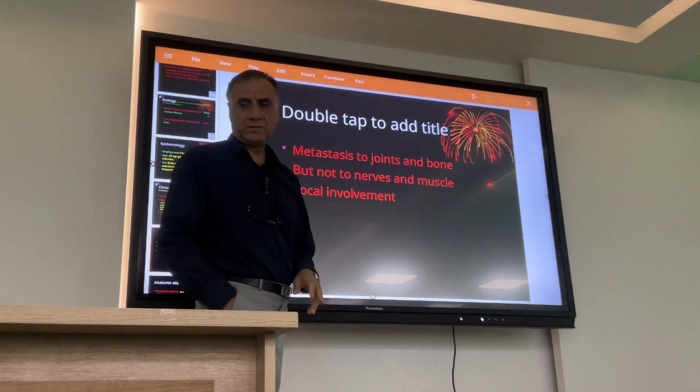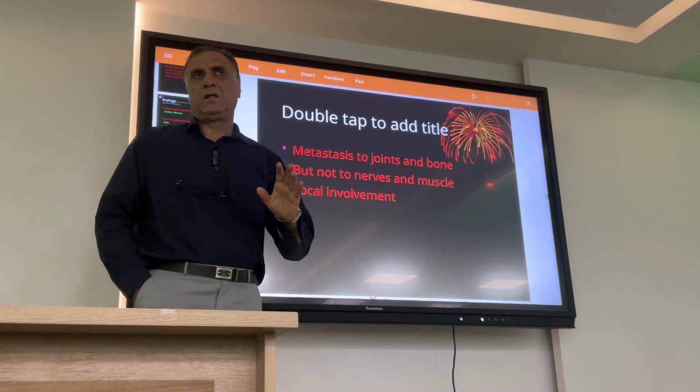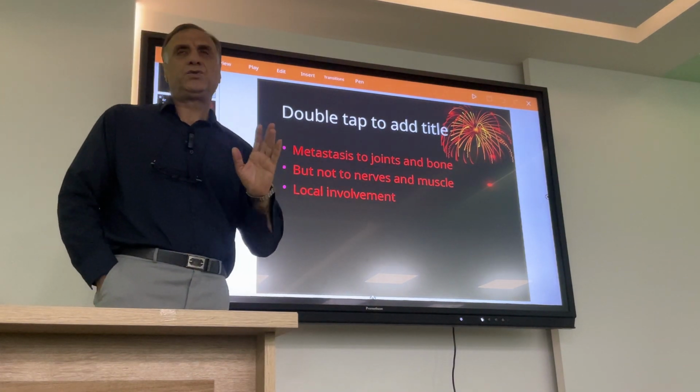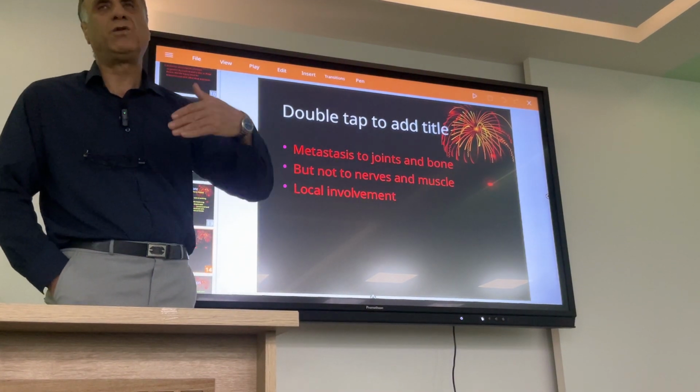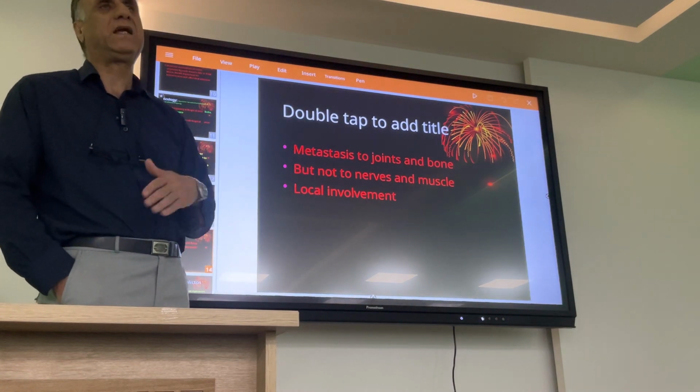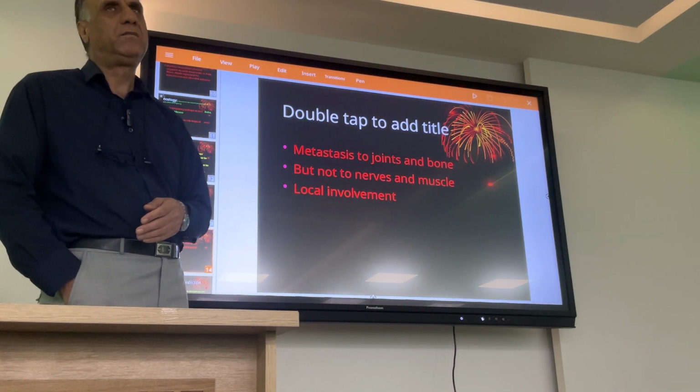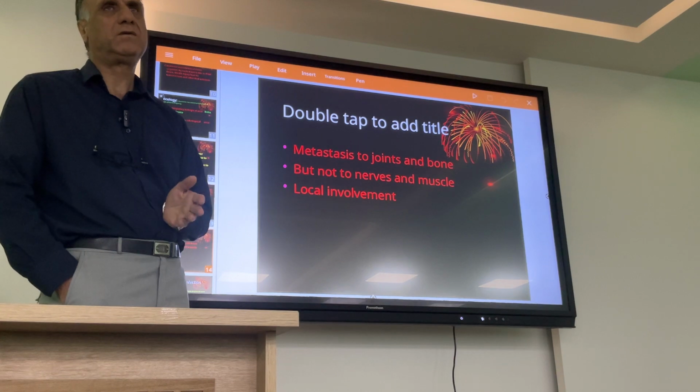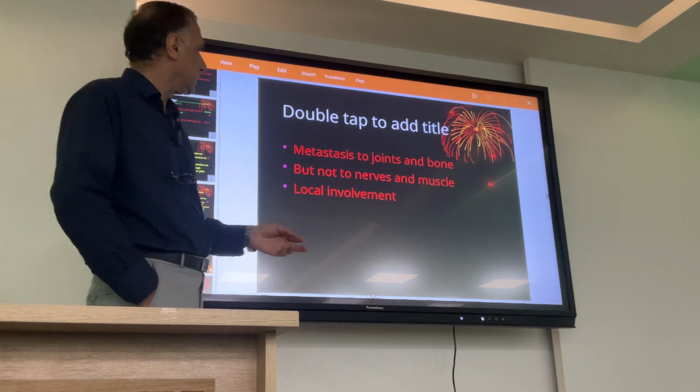In mycetoma, usually the infection spreads locally. There isn't any blood spread or lymphatic spread.